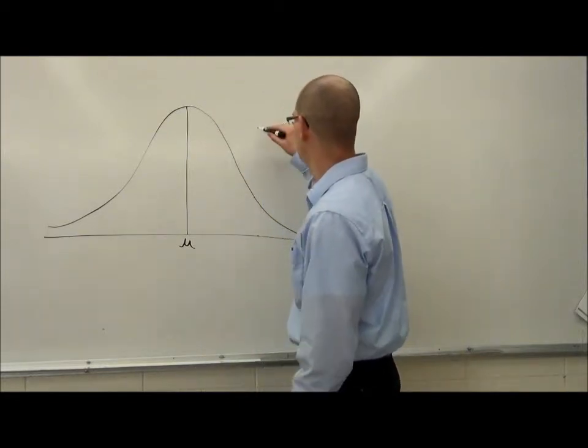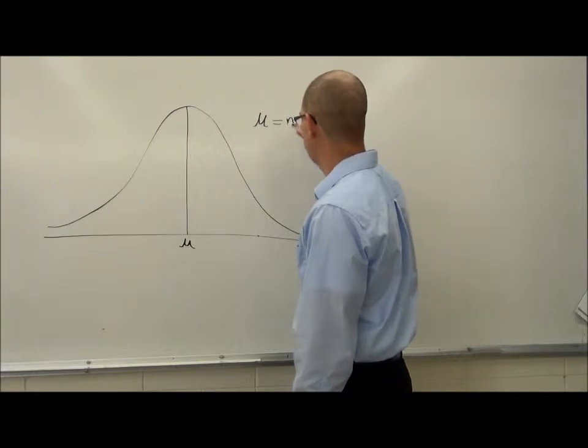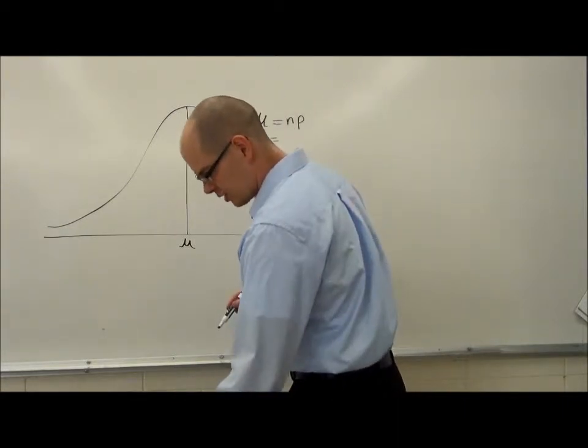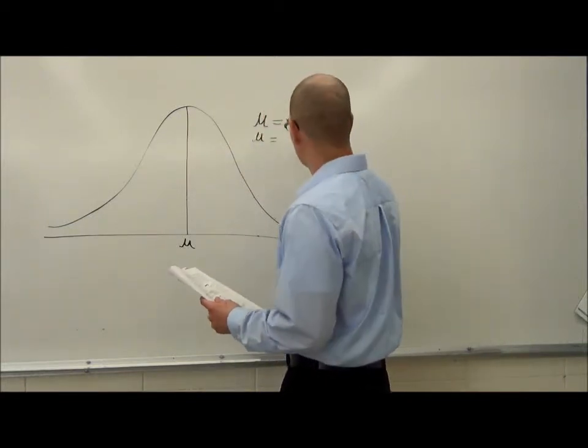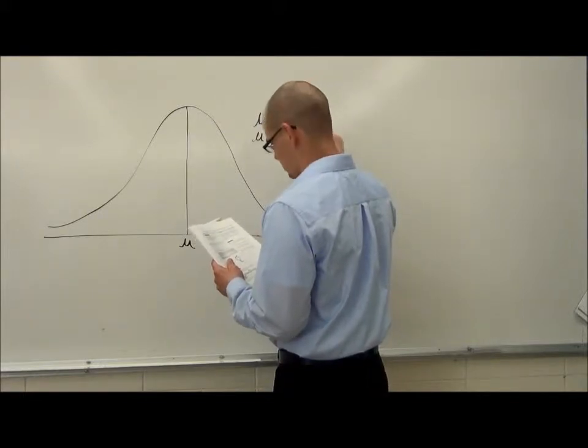So first off, the mean is μ, and it's n times p. So the mean then, n is the number of people or items you have in your data. We're told in the problem we have 8,748 people.